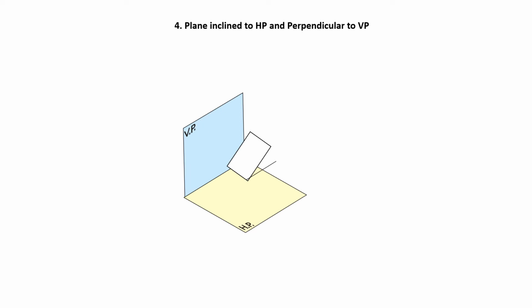If we want to draw its projections, first we see from the front side, we will get a slant line as the front view, which is inclined at theta. If we want to draw its top view, we see from the top side, we will see a reduced shape of this rectangle. As this plane is inclined to horizontal plane, that's why in the top view we see the reduced shape of this rectangle.